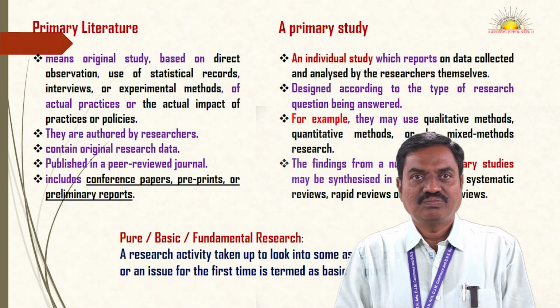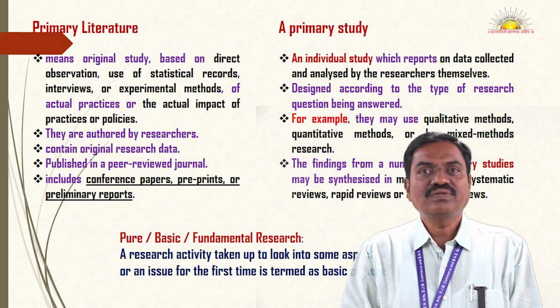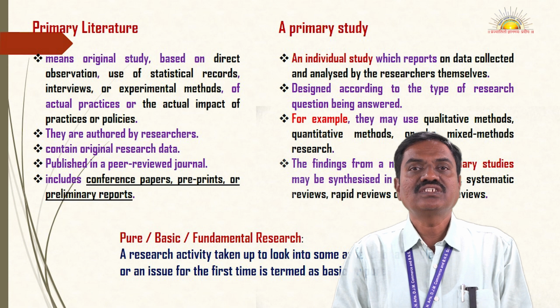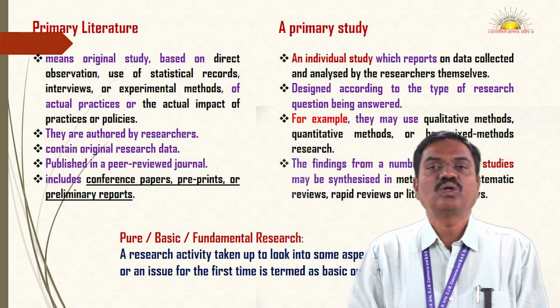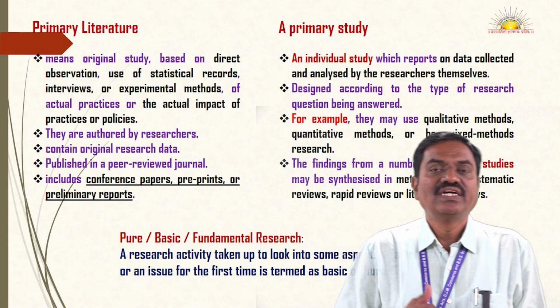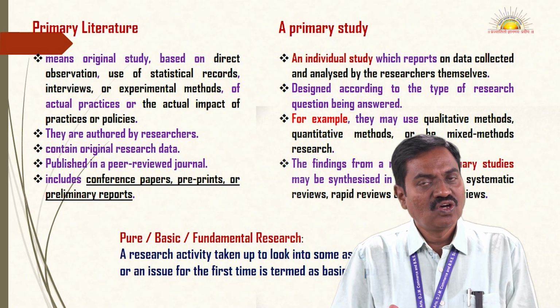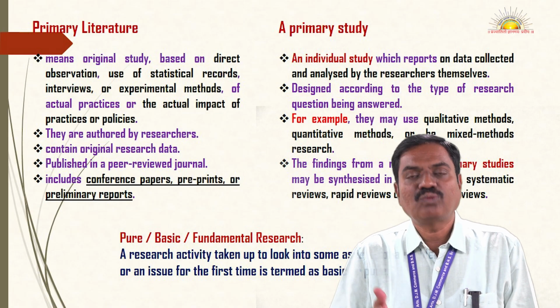The next term is primary literature. It refers to primary sources, meaning original study based on direct observation, use of statistical records, interviews, or experimental methods of actual practices or the actual impact of practices or policies.